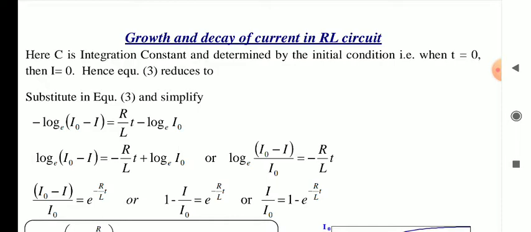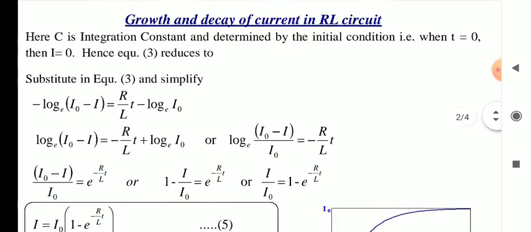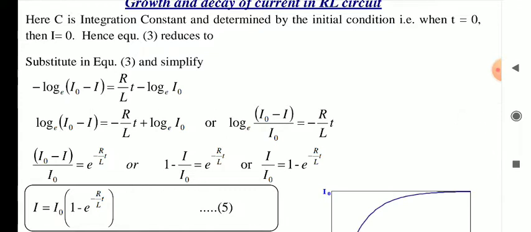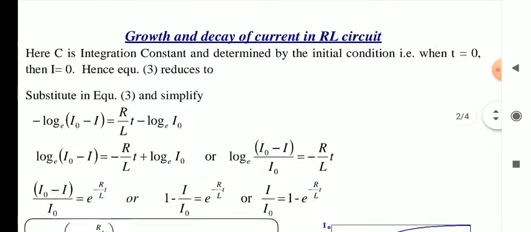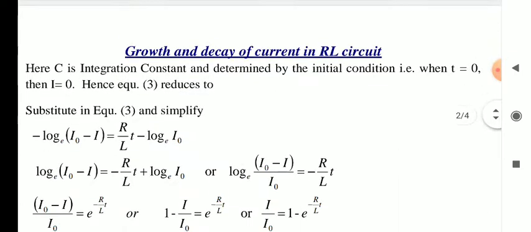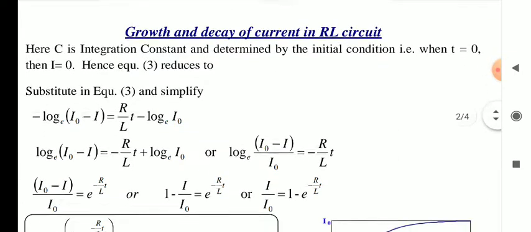So substituting these values in equation number 3, we have minus log to the base e of I naught minus I is equal to R by L into t minus log to the base e of I naught.